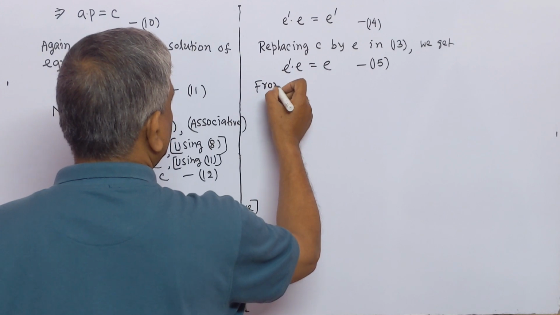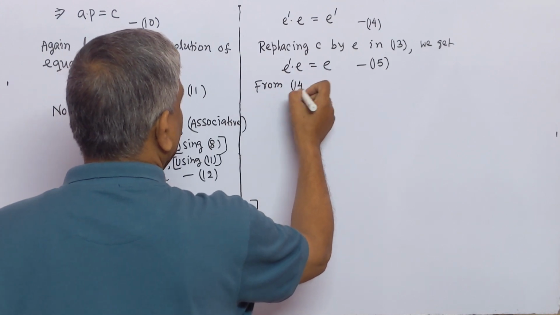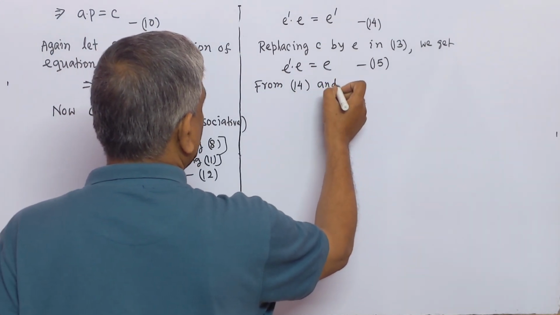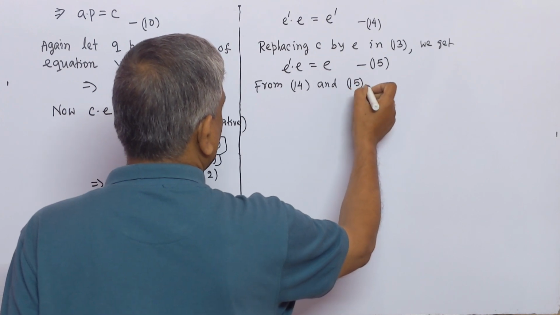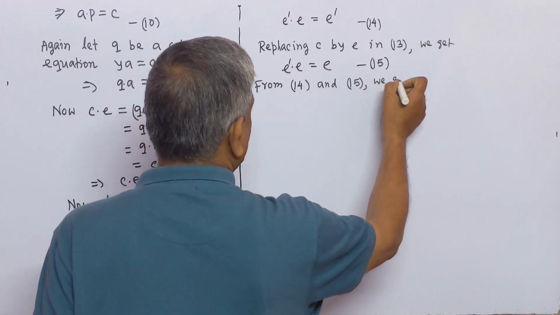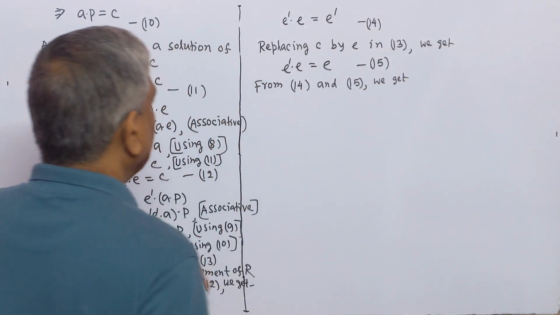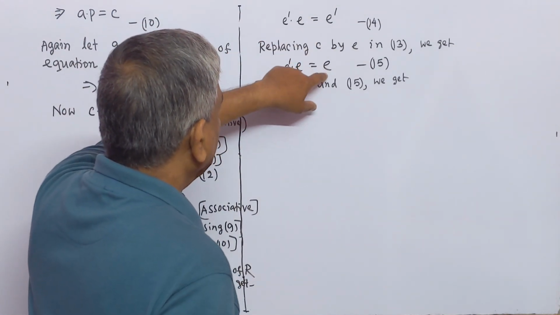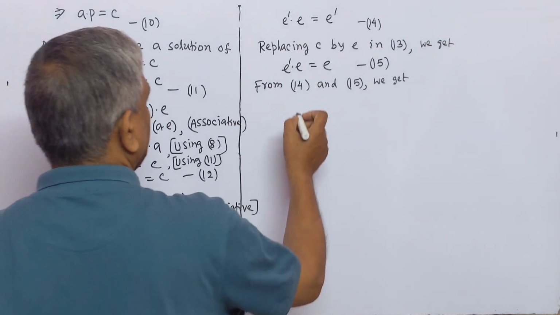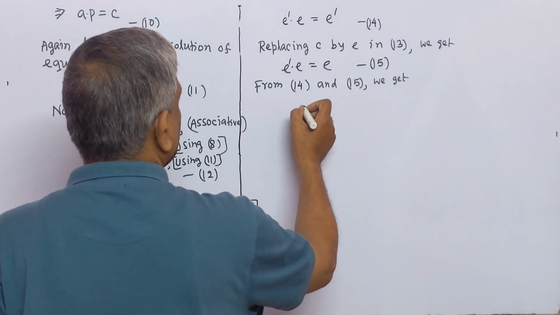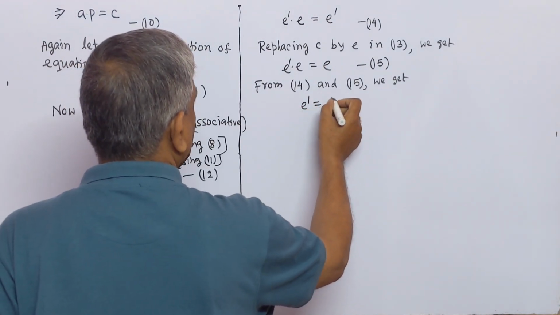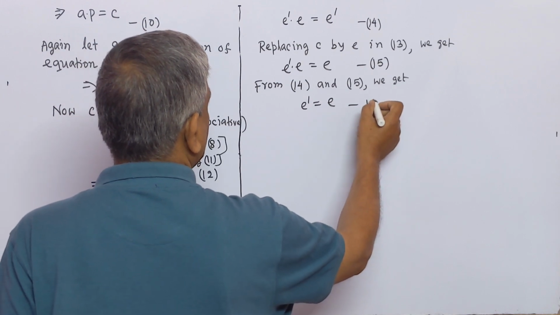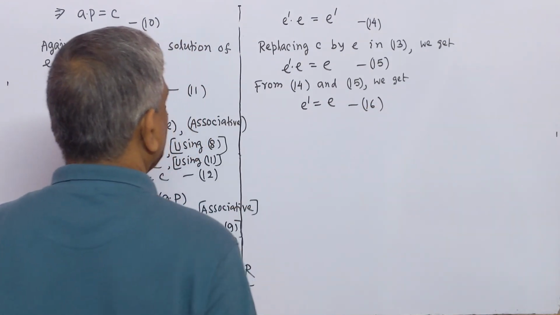From 14 and 15 we get, here left side same, then right side will be equal. Therefore we get E prime equal to E. This is number 16.